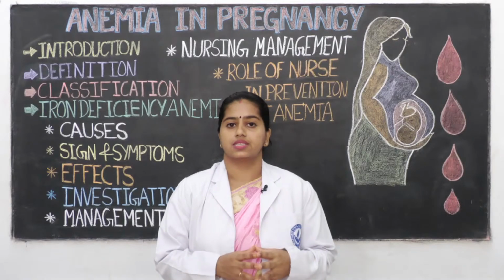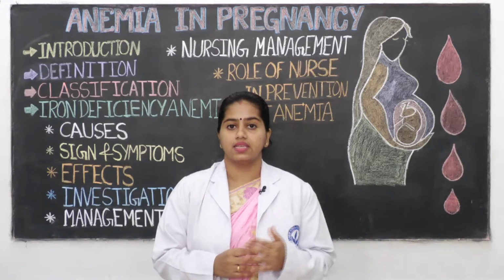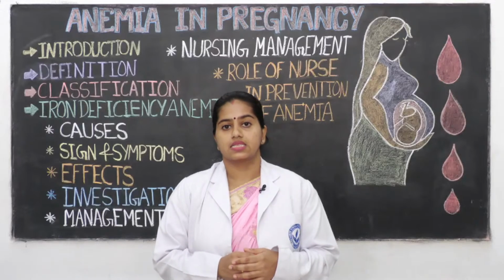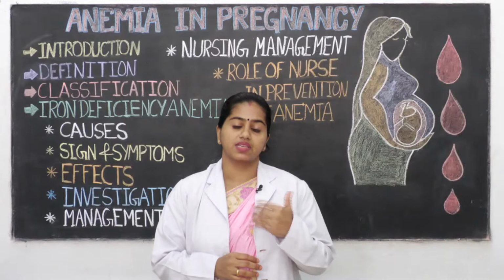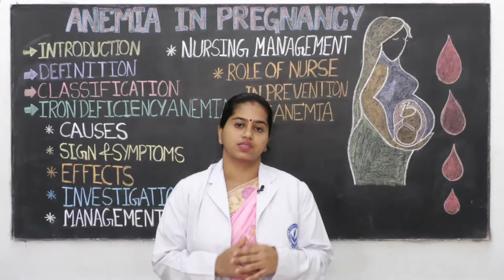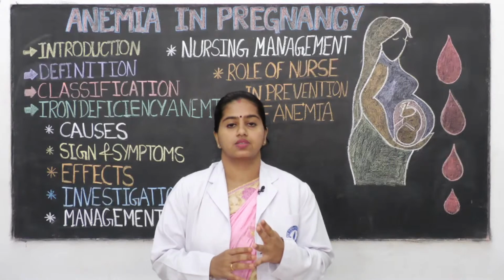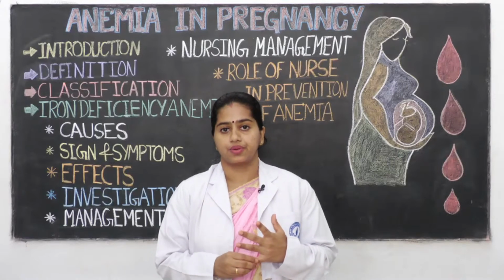This extra iron is needed especially in the second half of pregnancy, from the second to the third trimester. So that is the first one, increased demand of iron during pregnancy.